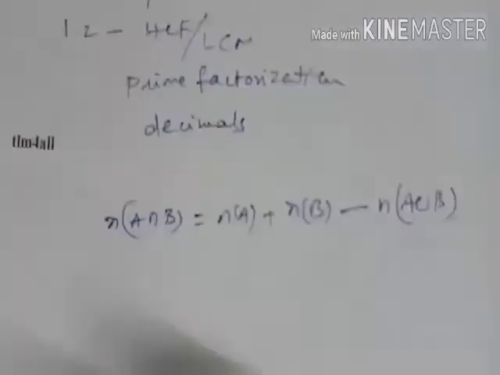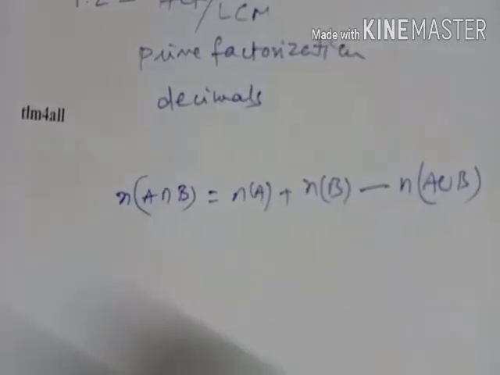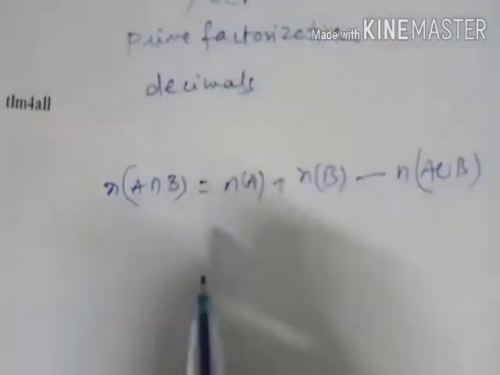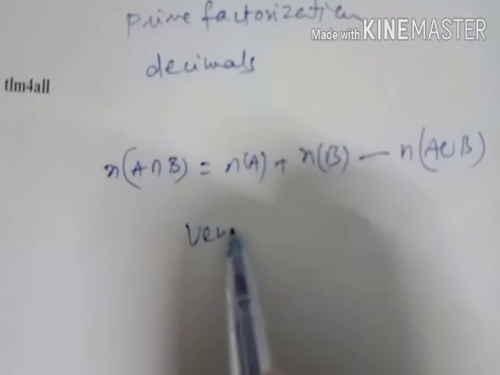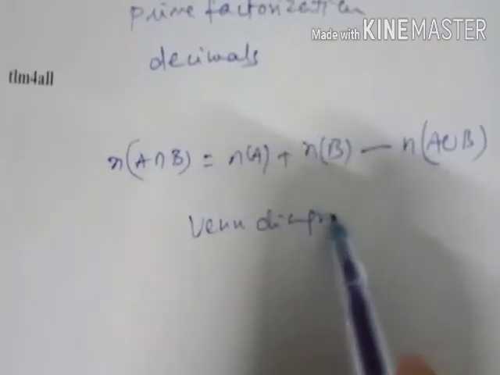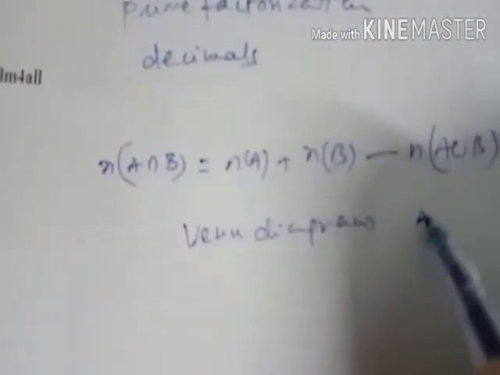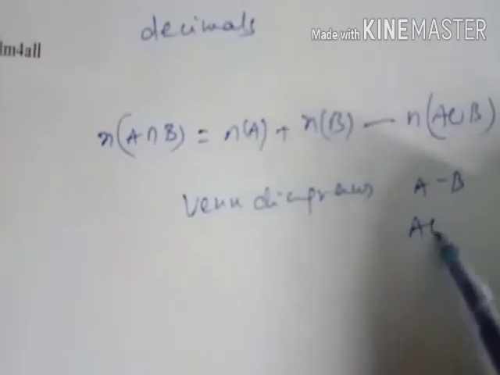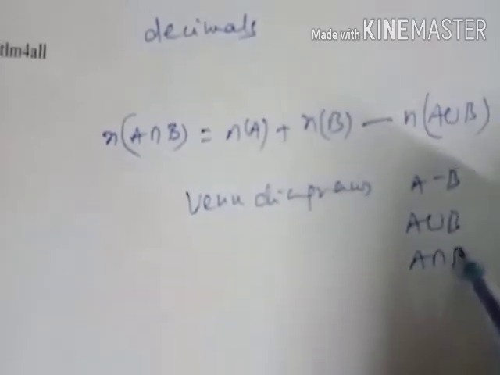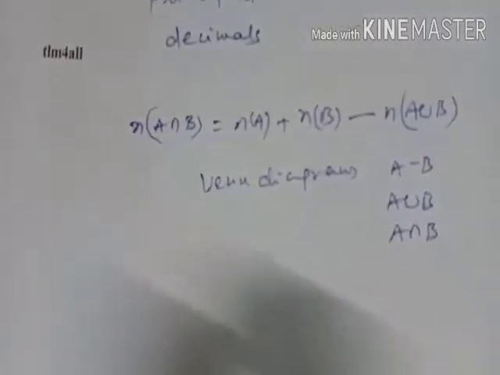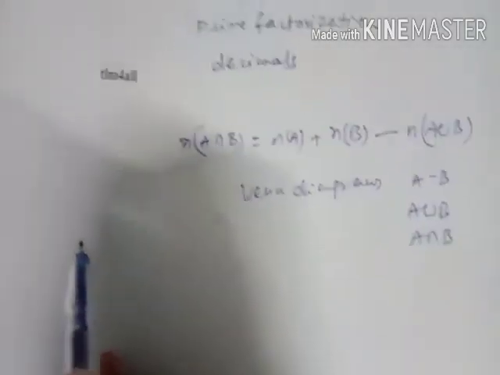So this is also a very important question for the 1 mark questions. And Venn diagrams of A minus B, A union B, A intersection B, like this we can ask in the third question itself.